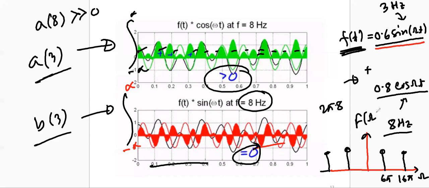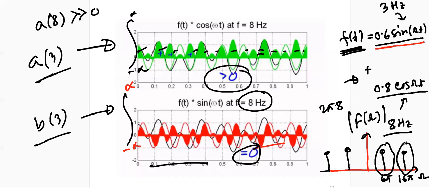F(ω). F(ω) means this is the magnitude response. If we talk about the phase response, definitely we need to consider both a and b. For two stems, there would be two different phases.